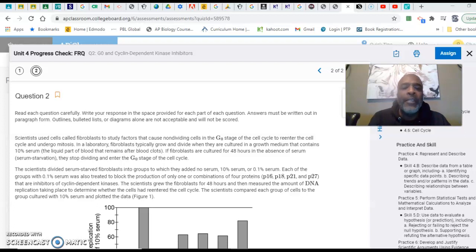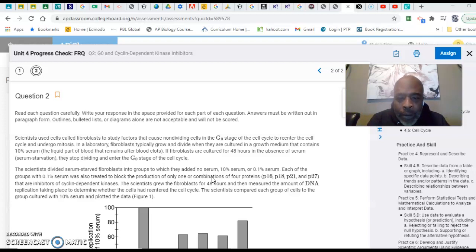So this graph is telling us that this experiment is basically explaining that P16, P18, P21, and P27 are believed to be kinase inhibitors. If they are present in some percentage, then the cell may not enter a phase where there's DNA replication, because they're going to inhibit cyclin dependent kinases.